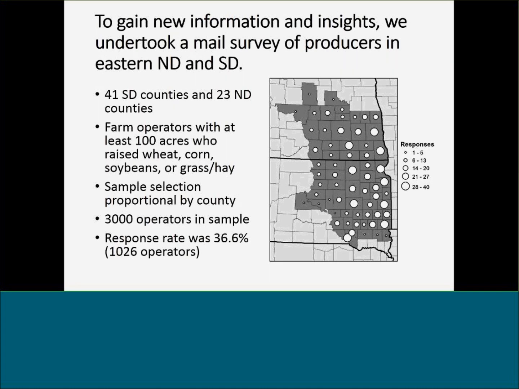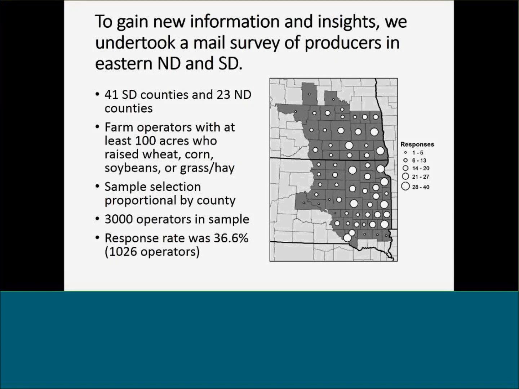So we've got 41 counties in South Dakota, 23 in North Dakota, targeting farm operators with at least 100 acres who raised at least some wheat, corn, soy, or grass hay. The sample selection was proportional by county, depending on the number of operators in that county, so as to weight it geographically. There were 300 surveys sent out in the original sample.